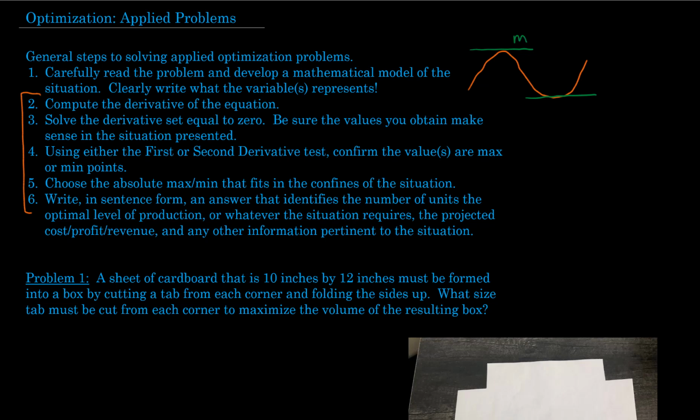We want to locate situations where the slope is zero. This is why we're going to compute the derivative, because the derivative is the slope. And then this is why we're going to take that derivative and set it equal to zero, because we want to know where on the function the slope will equal zero.